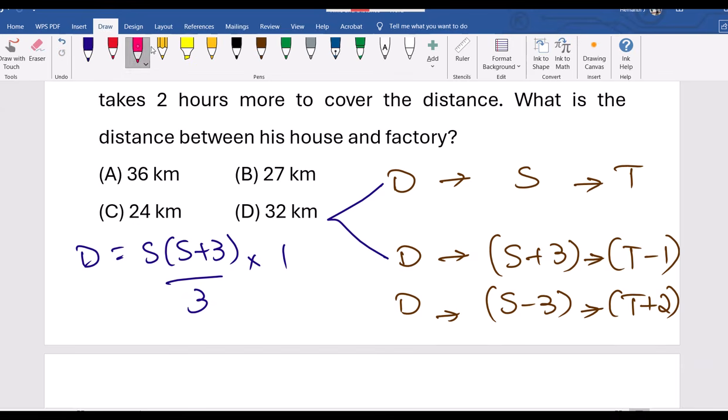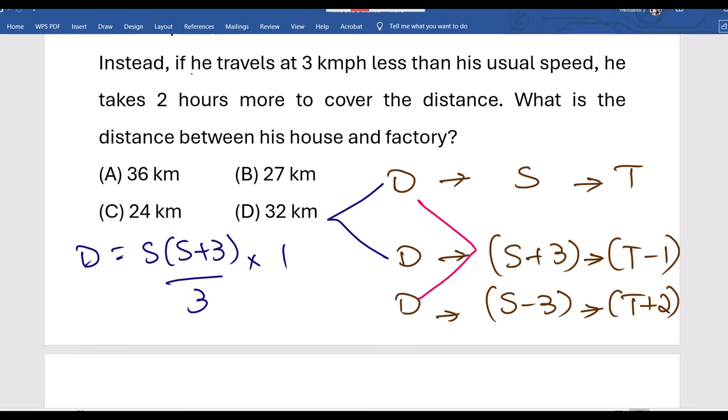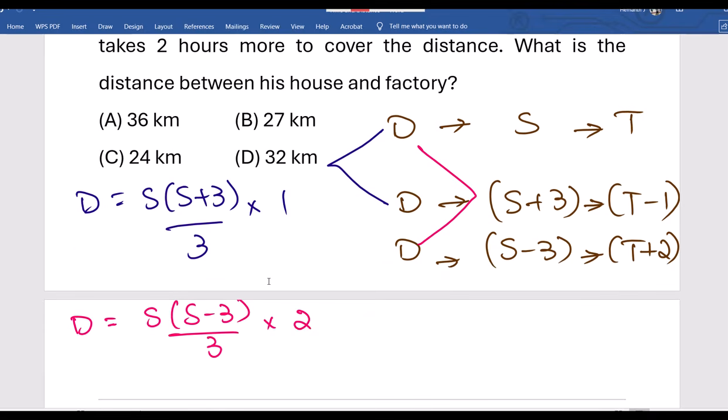You can take the second and third one, it's all up to you. Product of speeds divided by difference between speeds into time gain, 2 hours. First and last: difference between speeds, time difference. Time gain is the difference between the timings.